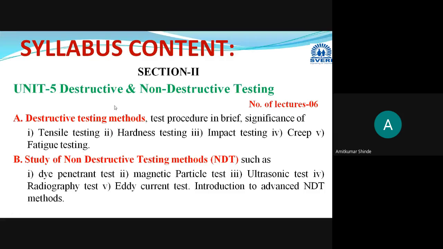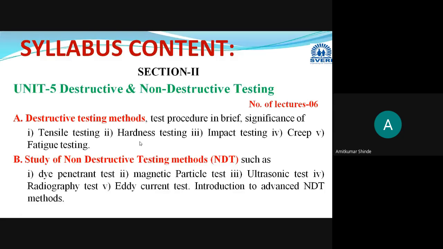Another differentiating point is that in the destructive testing method, we determine particular properties of the component or material. At the end of tensile testing, we end up with a tensile strength value. If you perform hardness testing, you end up with a hardness value.